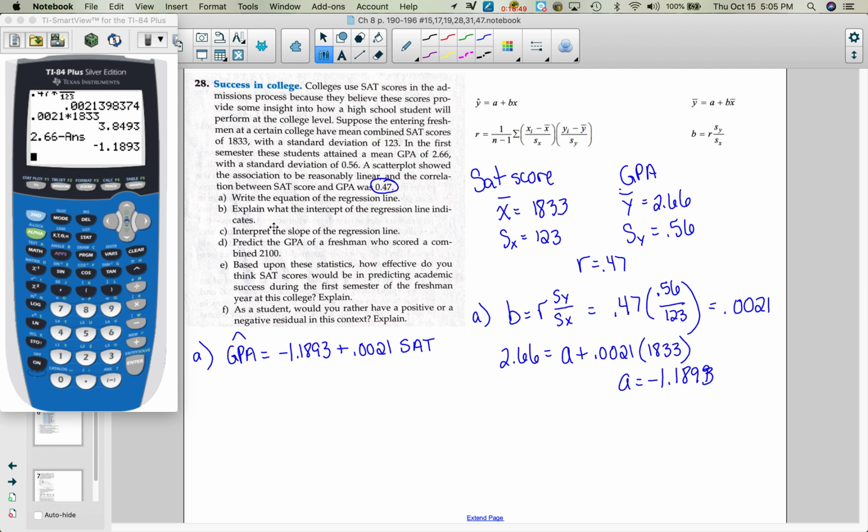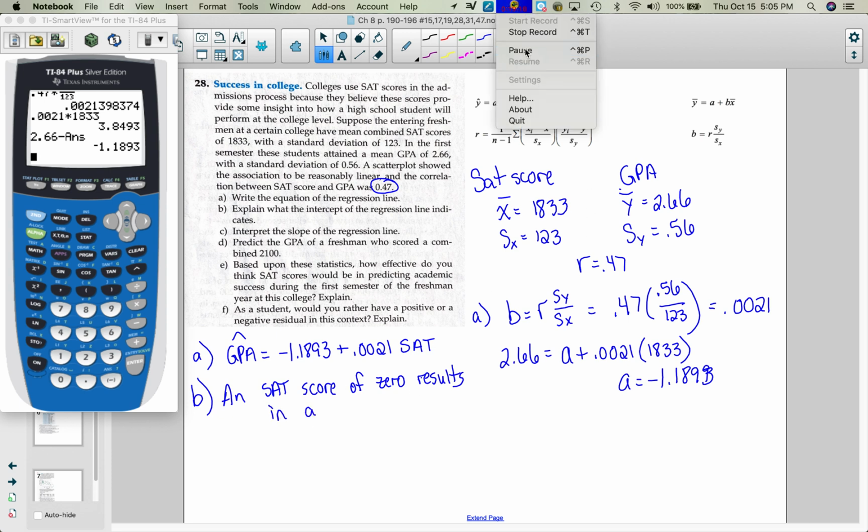All right, part B, explain what the intercept of the regression line indicates. So let's think, the intercept would represent an SAT score of 0 results in a predicted GPA of negative 1.1893.